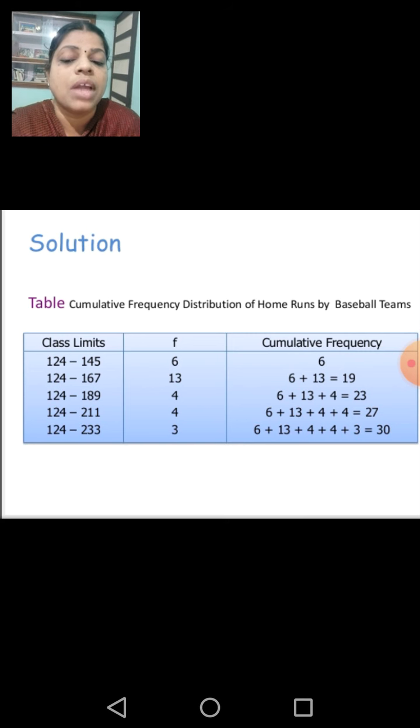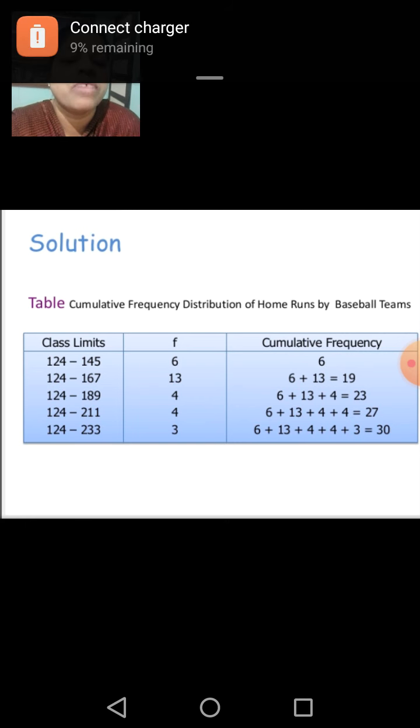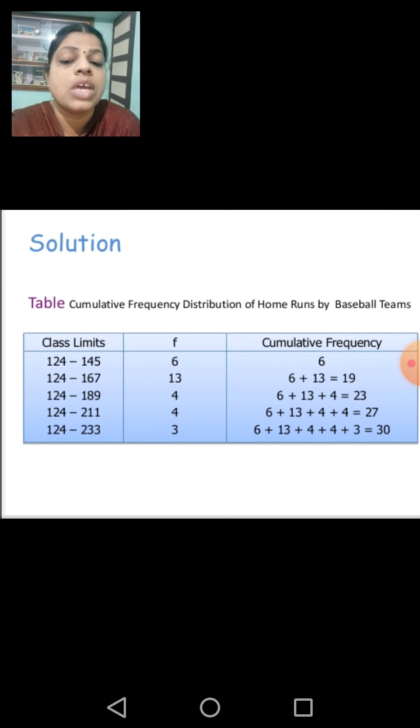So in that manner, we have to find the cumulative frequencies of all the class intervals. So what is the difference between the frequency and the cumulative frequency? We have to add the entire values from the minimum to the maximum values, and we have to formulate the cumulative frequency table.